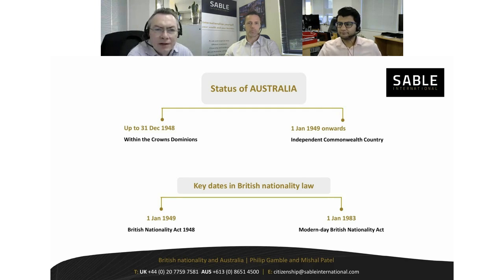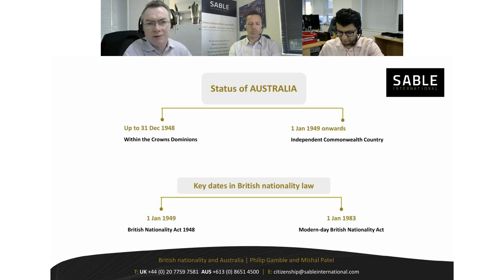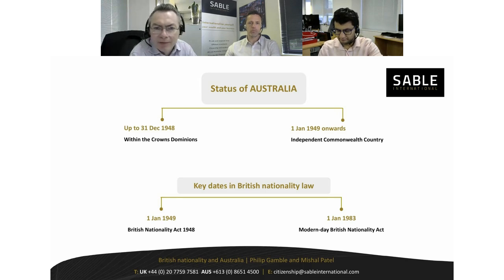So we're looking at the legislation that might be in force at, let's say, the point when your father was born, what forms of UK nationality he may have acquired by operation of that law at the time, whether any later legislation has changed that, and whether that status can pass down to the next generation. So that's what we call a status trace, and it's about establishing what was there in the past and how that comes down to further generations born overseas in the modern day with a view to acquiring British nationality.